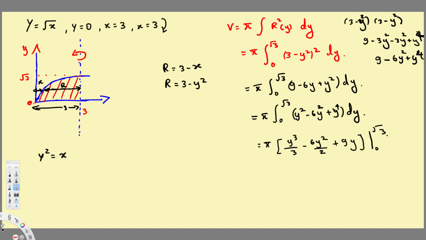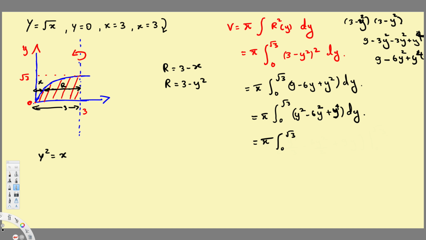Actually this is y power 4, right? Let's rewrite this again. Now we are going to have phi times the integral going from 0 to root 3. Let's arrange in power decreasing order.